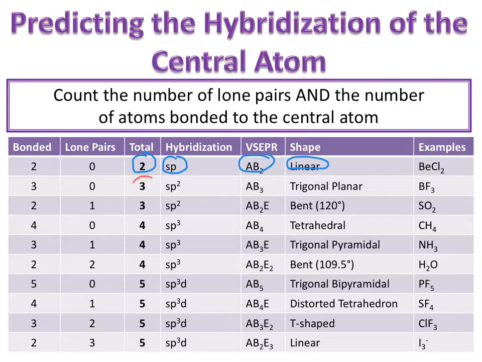When there are 3 total domains, you have to have 3 atomic orbitals mixed for the hybrid, so sp2. The VSEPR classes with this are AB3 and AB2E: trigonal planar and bent.